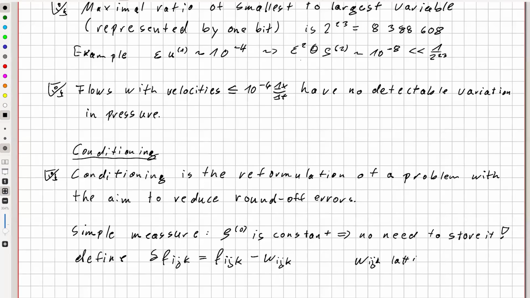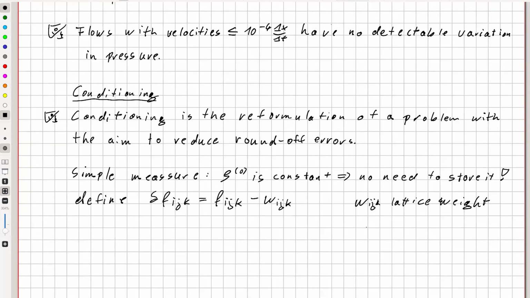This is a constant, this is important. Yeah? That is weight. And it's usually defined that if you take the sum over these weights, you have this constant part in the pressure.